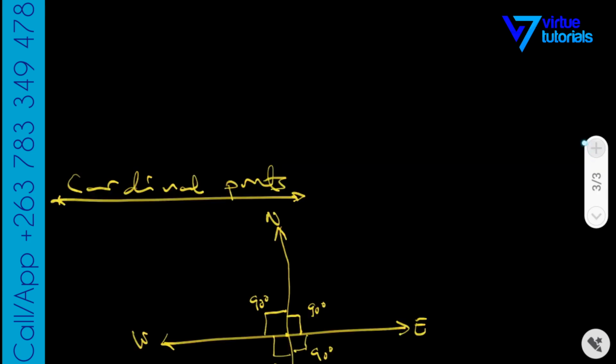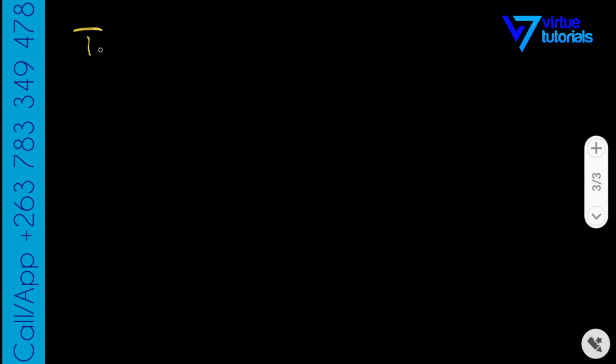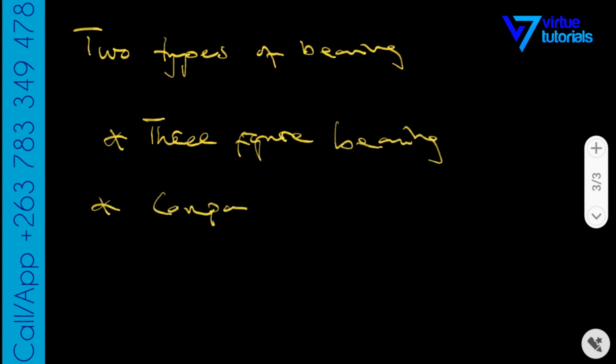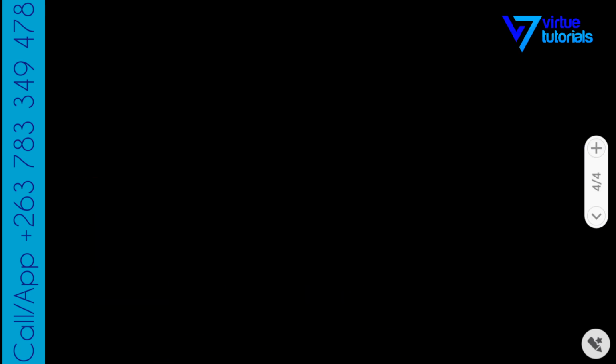Now, what we need to understand is that we have 2 types of bearings. We have what we call the 3-figure bearings, and then there are the compass bearings. We're going to first look at the 3-figure bearing.